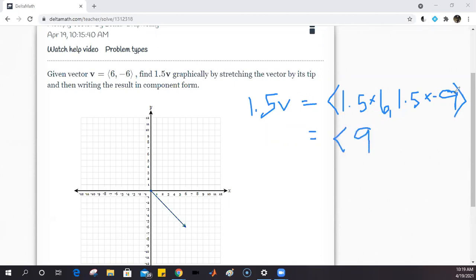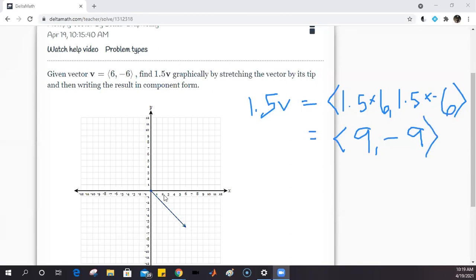And 1.5 times, oops, I wrote down -9 because I was excited because I knew what the answer was. 1.5 times -6 is -9. So our new vector, 1.5 times our old vector, is 9, -9.